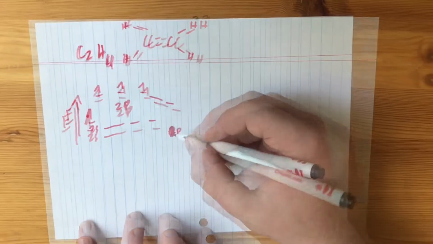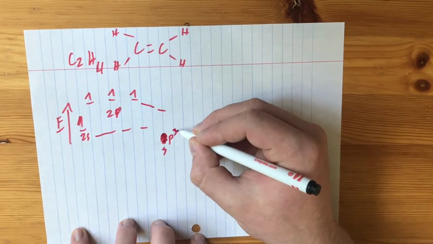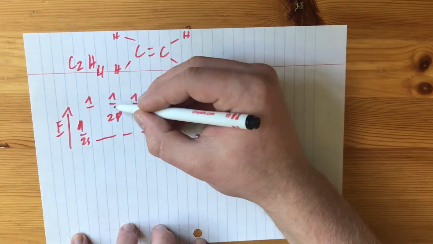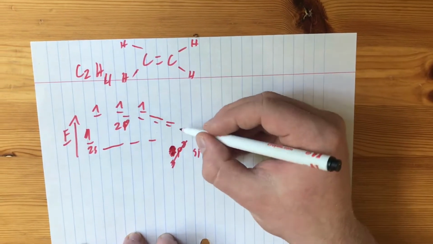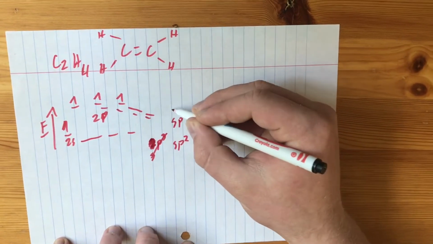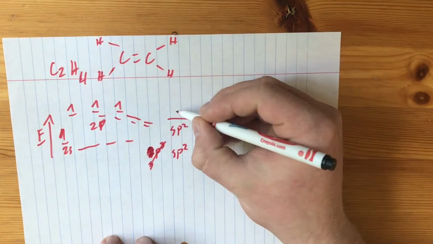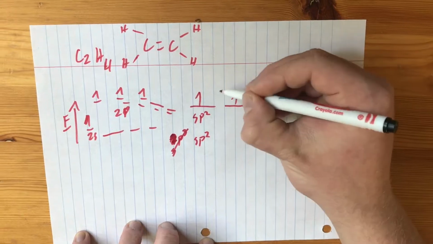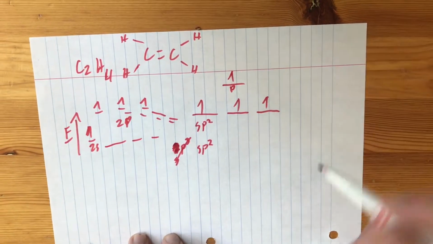So instead of sp3, we're going to have sp2, because we only need to borrow 2 of the p orbitals. So then we're going to be left with sp2, and above it is going to be 1 p orbital.